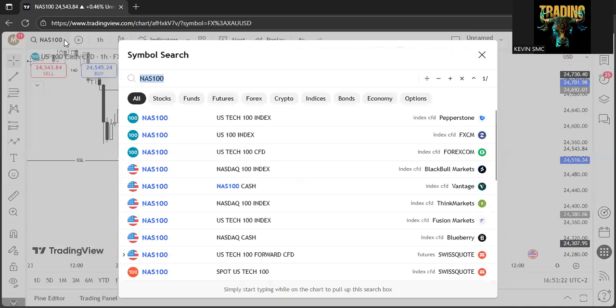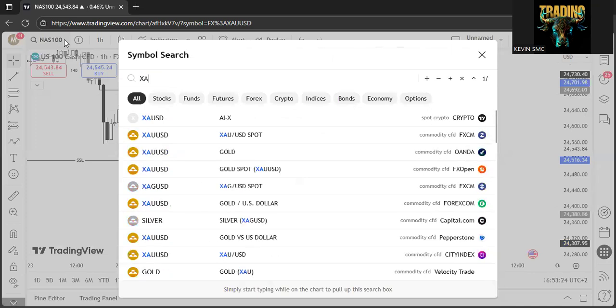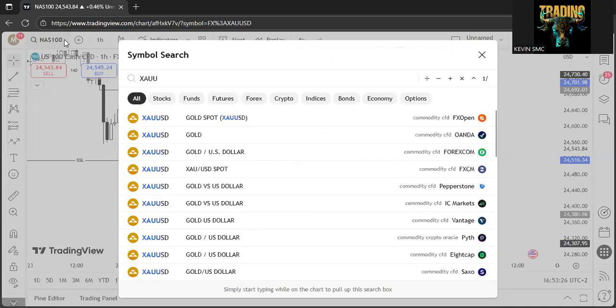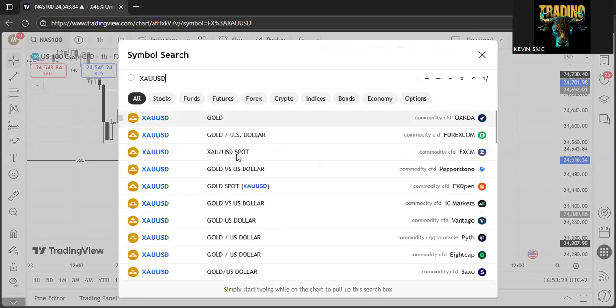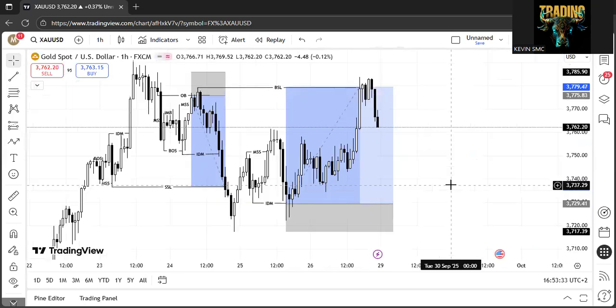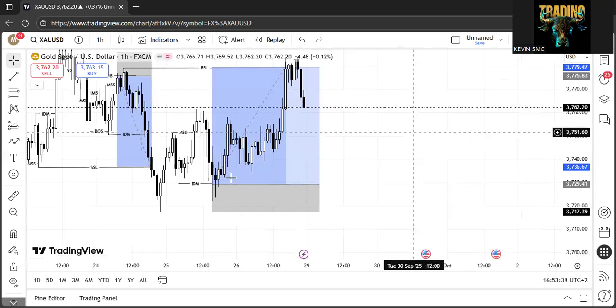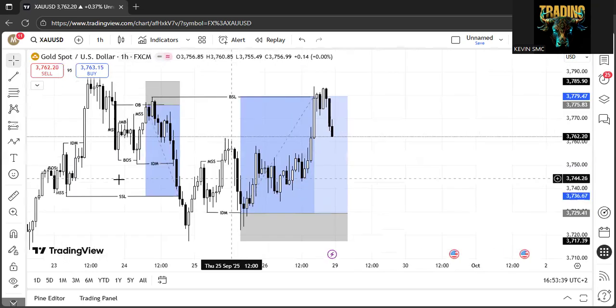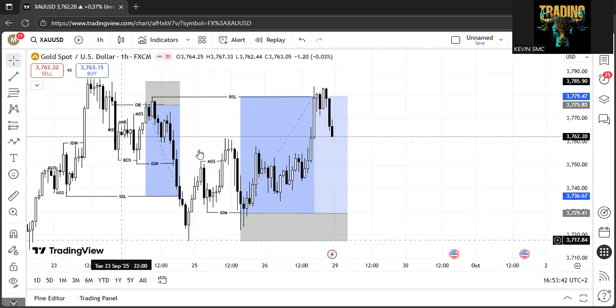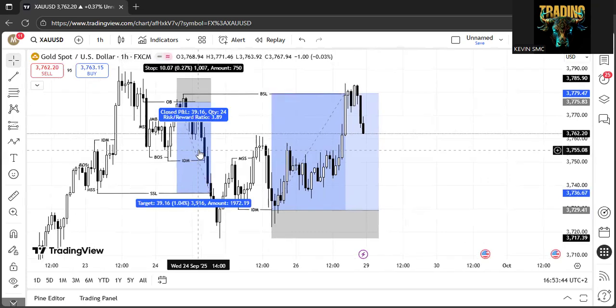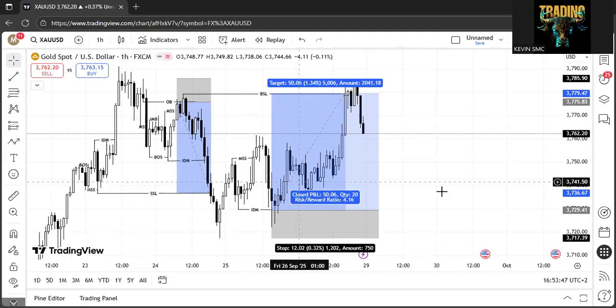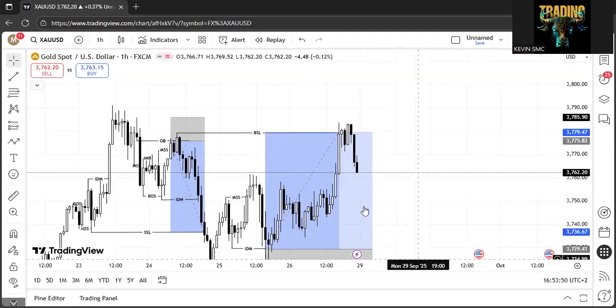And then let's go to gold again. This is gold, and this is how gold was last week. This is how it was normally meant to be traded. Normally it was only 2 entries this week, but there were a lot of pips.